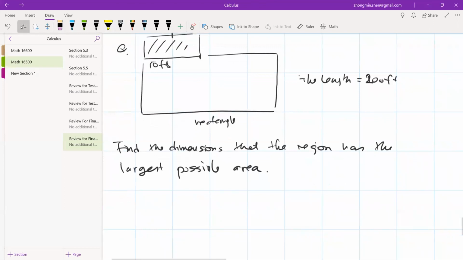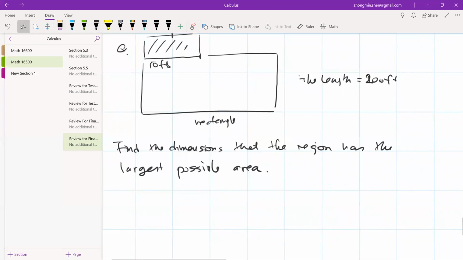Could be a square or not. We don't know yet. My opinion is that if it's just a rectangle, then clearly it's a fixed parameter, right? Square should have the largest possible area, right? But right now it's not clear.